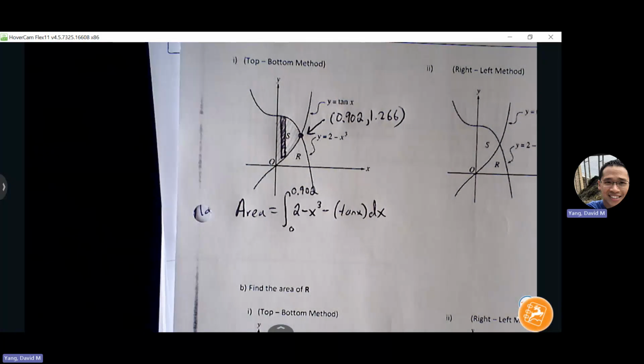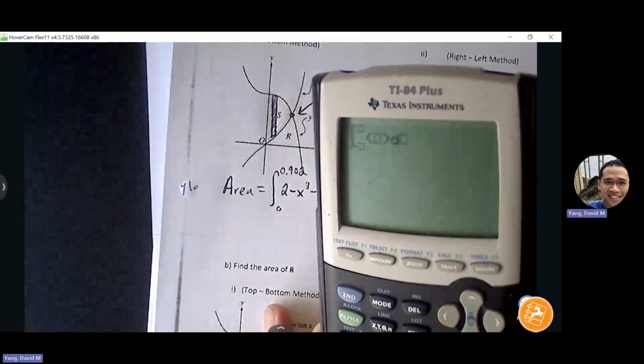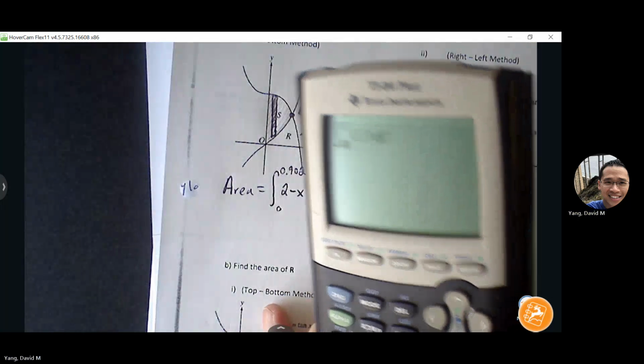And now let's just make the calculator do everything for us. So do math 9. Take advantage of the y1 and y2 that you've entered in.